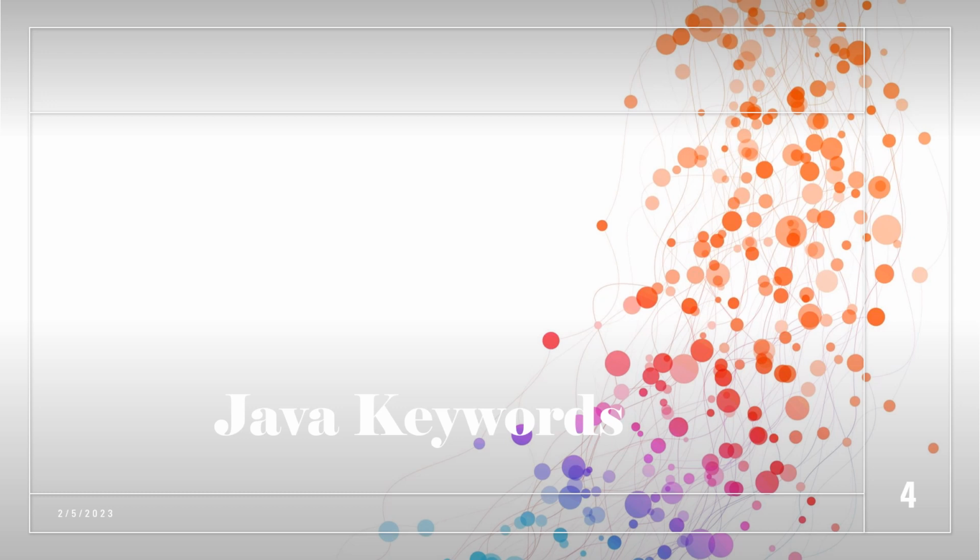Switch. Selects one of many code blocks to be executed. Synchronized. A non-access modifier, which specifies that methods can only be accessed by one thread at a time. This. Refers to the current object in a method or constructor.